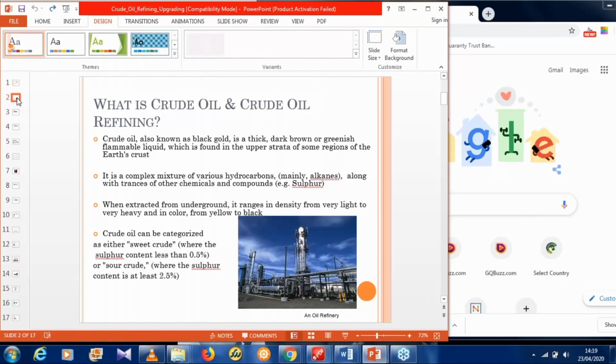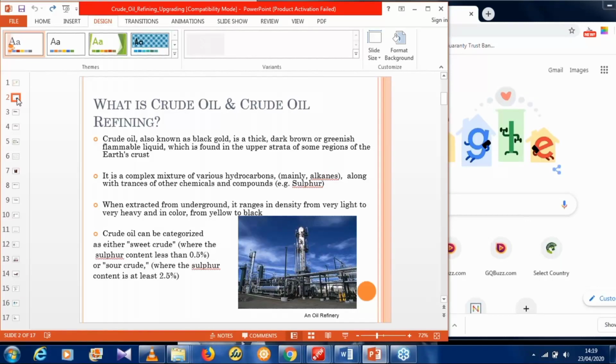It's a flammable liquid found in the upper strata of some regions of the earth crust. Those areas are referred to as the reservoir. There are pockets that this crude oil filters through.